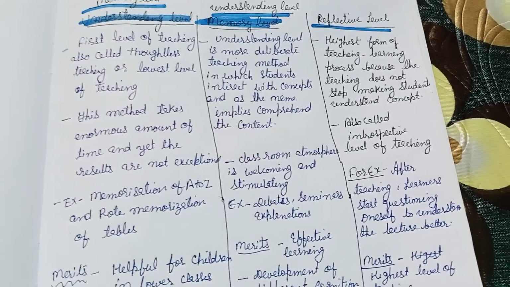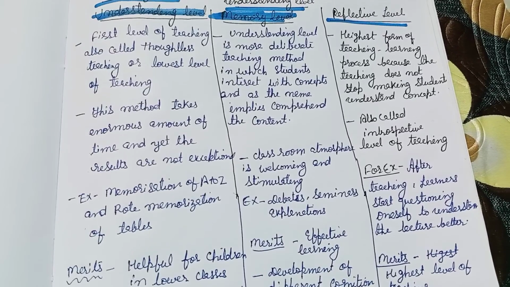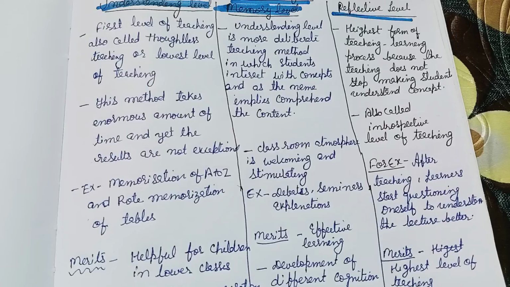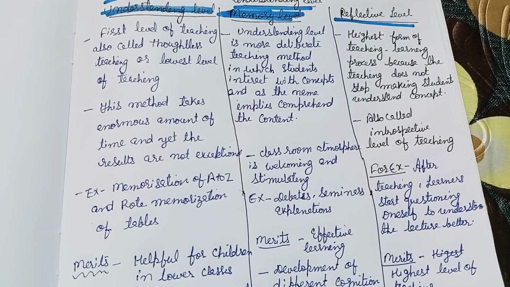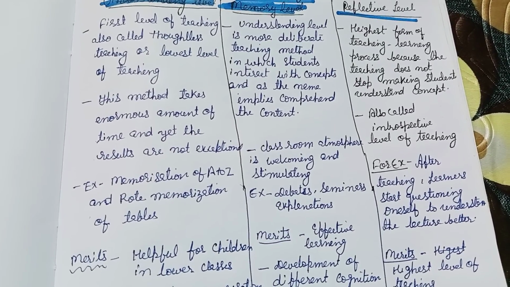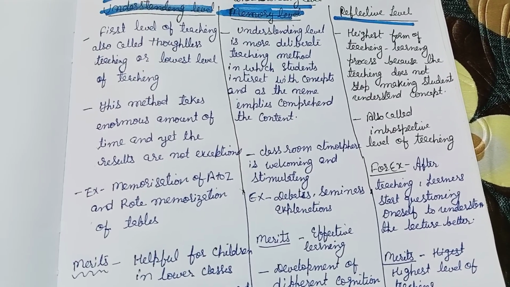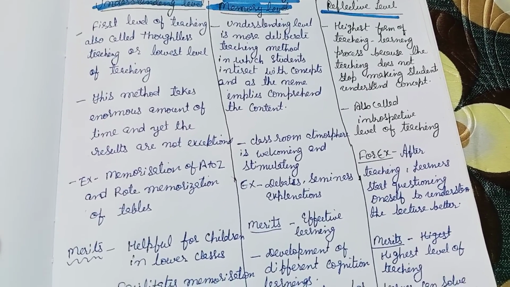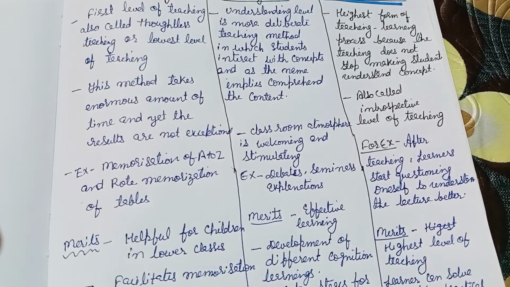This level of teaching is suitable for higher classes, for students of research, postgraduate or graduate level. This is not suitable for children of small ages. It is also called introspective level of teaching. For example, after teaching, learners start questioning themselves to understand the lecture better.